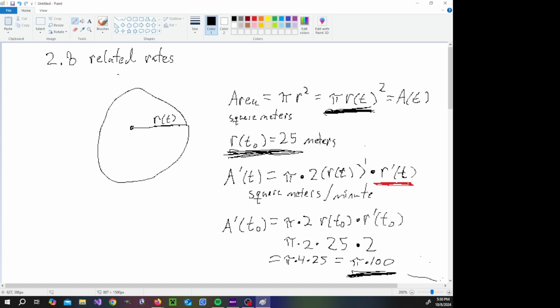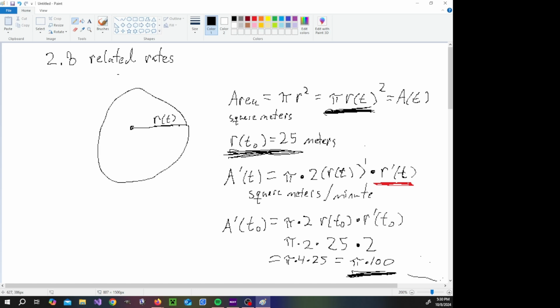Very good. So this is kind of the example where it's not too bad, right? There's not a lot of confusion about where to go. There is immediately this area function for a circle, right? How fast is the area changing means we immediately have to look at the area.